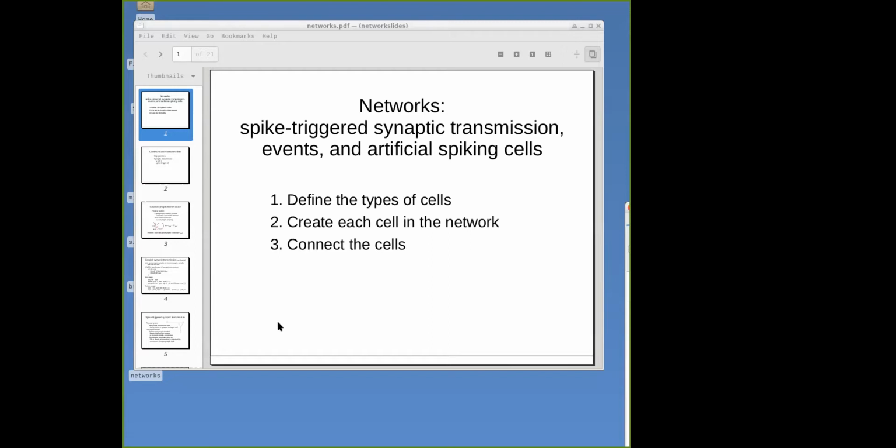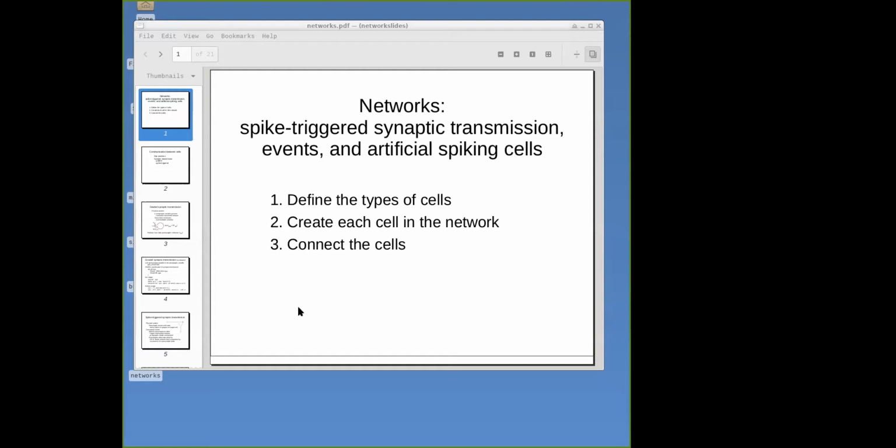Once that has been done, you have the task of actually instantiating the network. And to do that, you can do anything in any order that you want, but if you're not careful, you could end up with spaghetti code.